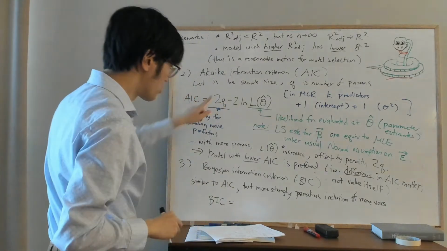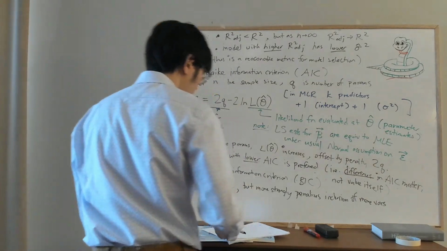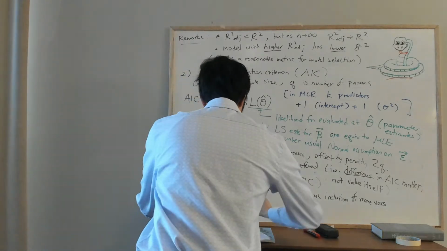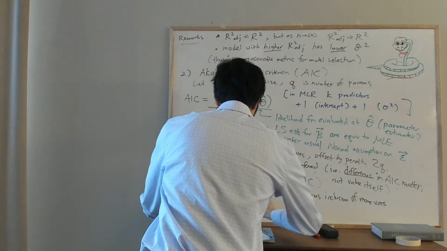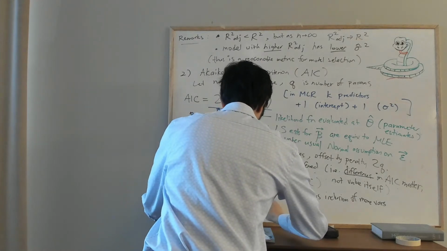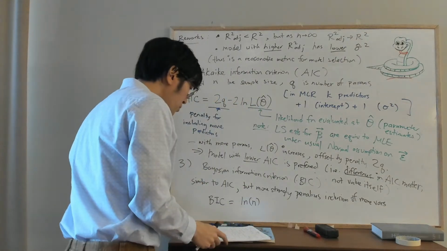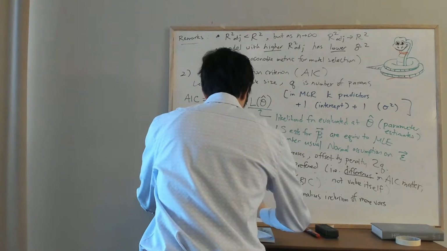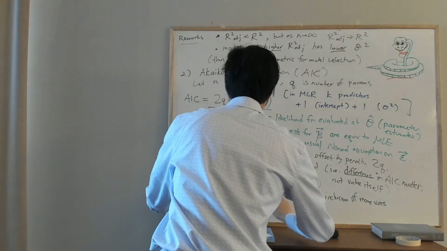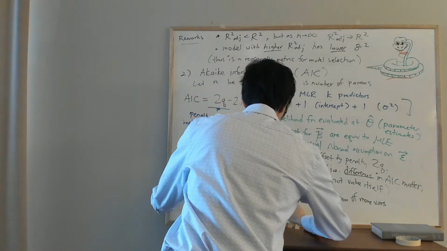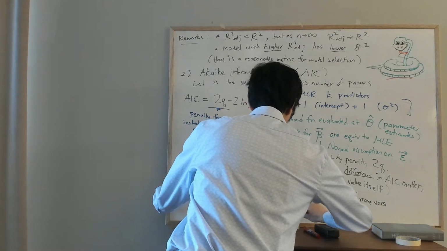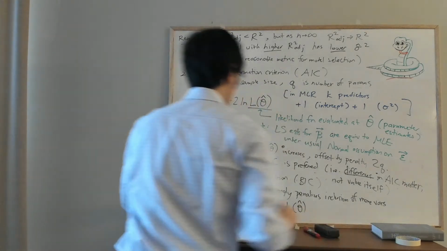BIC replaces the 2 with the natural log of the sample size n, times q, minus 2 times the natural log of the likelihood.